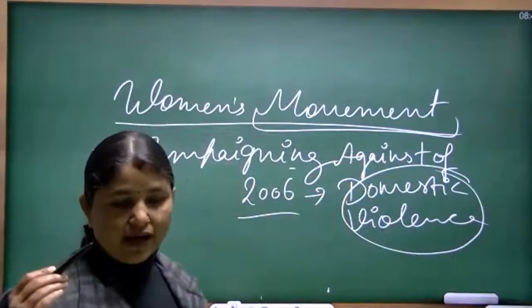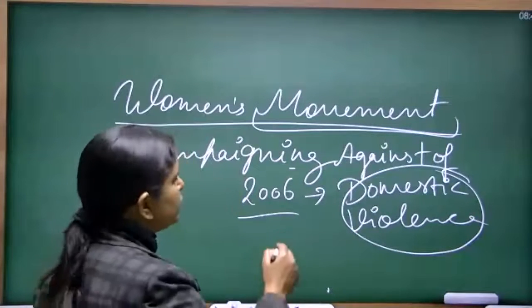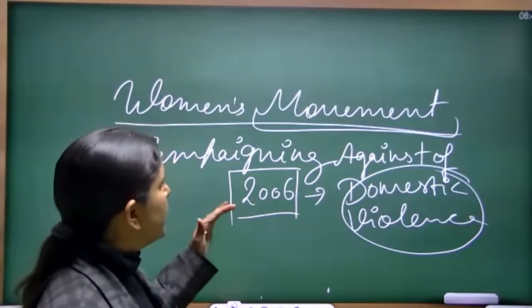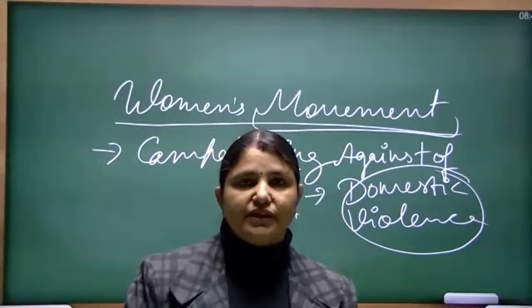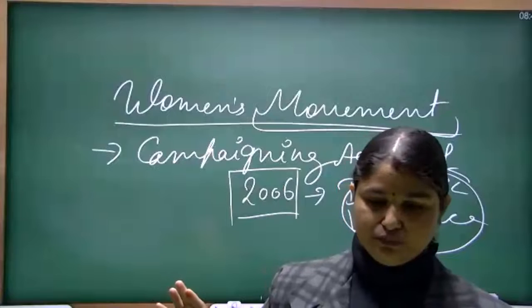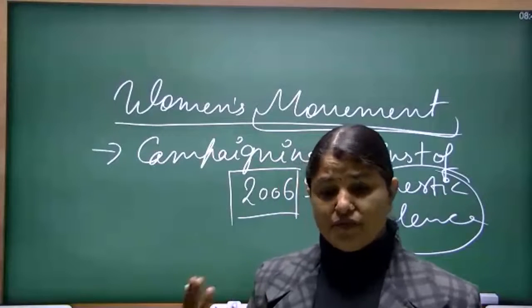Earlier in our country no laws were there, but finally in 2006 the new act was passed against domestic violence. Now if this kind of thing is happening in any family and the girl files an FIR in the police station, definitely action will be taken and they will get punishment.